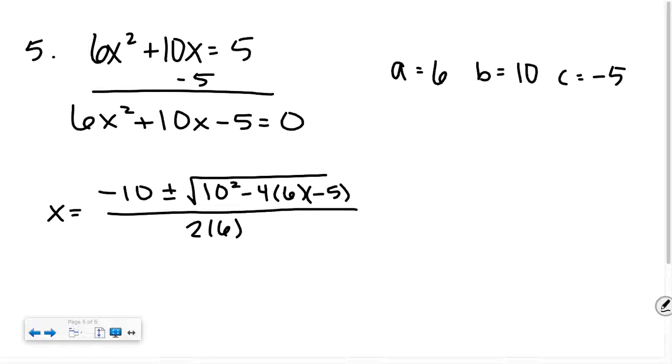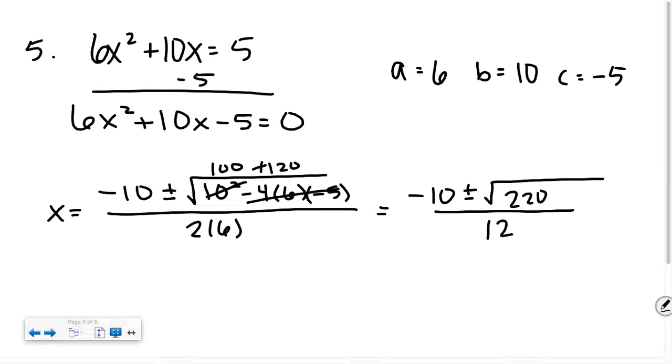So I want to see that step. I get negative 10 plus or minus the square root of 220 all over 12 then.